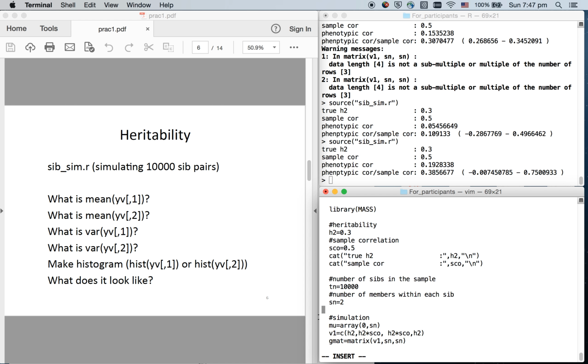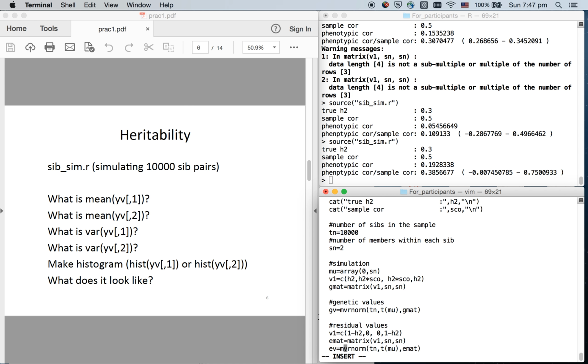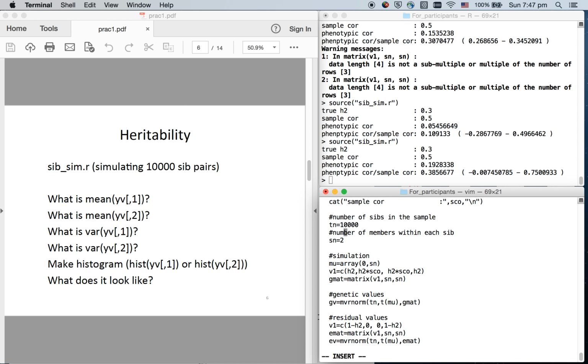Now we are making the design. The total number of sibs in the sample is 10,000, and the number of members within each family is 2. So like twins, right? DZ twins. Then the mean of phenotypes is assigned as 0, and you give heritability for the genetic structure. The covariance between two sibs is a function of heritability and sample correlation, right?